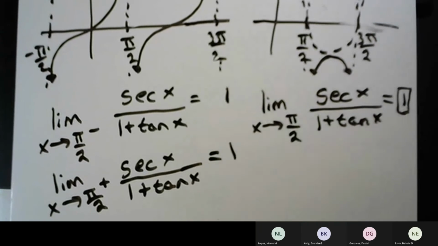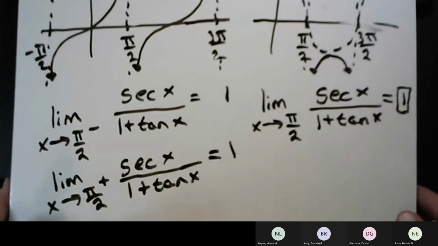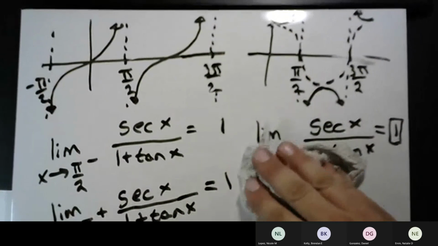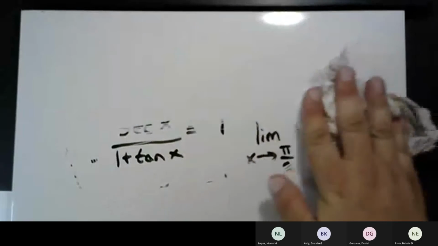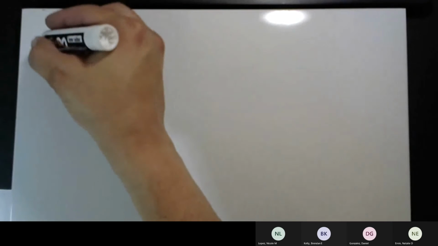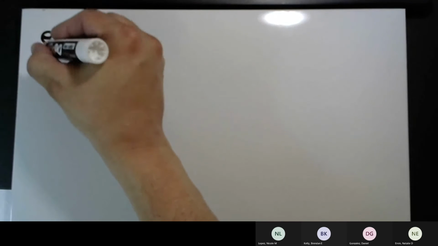All right, let me show you another one. Now this is a tricky one. Let me show you what's a little simpler. So let's say we're going to do this.